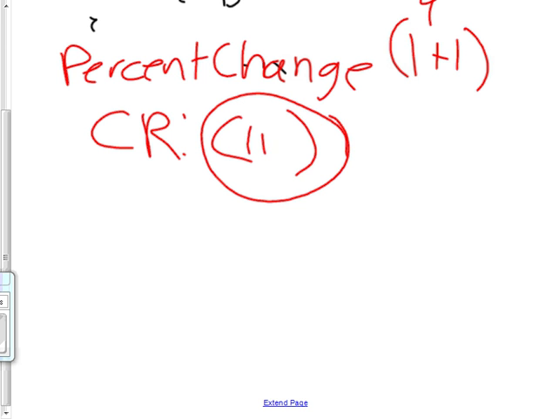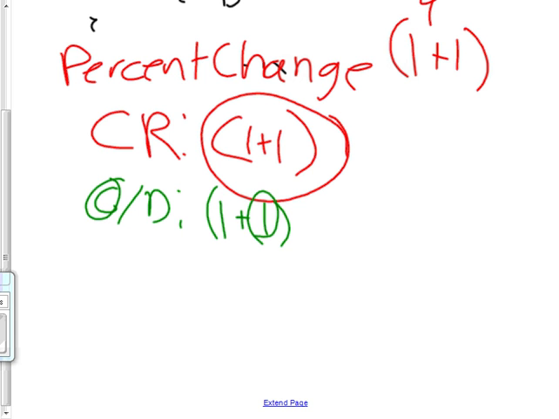So if this is 1 plus 1, it's the same thing as 2. Our growth/decay rate, in this case it's growth, is going to be just one piece that's inside of that parentheses, that piece right there, and that's it. So that's the only thing that we need for the growth/decay rate or percent change.